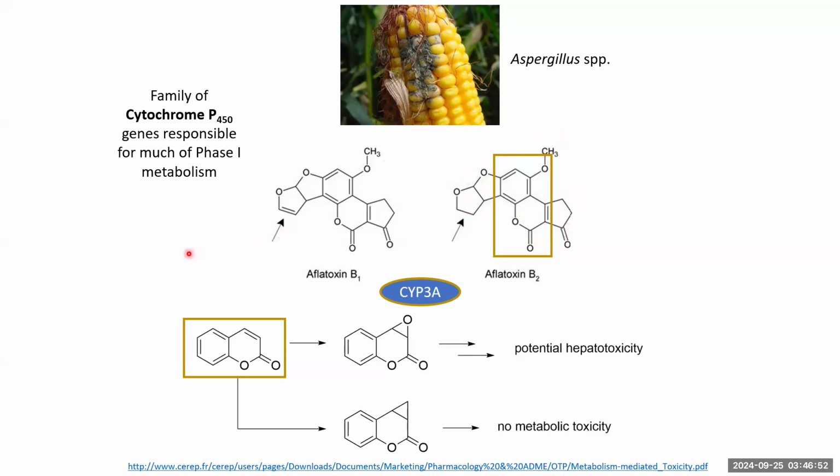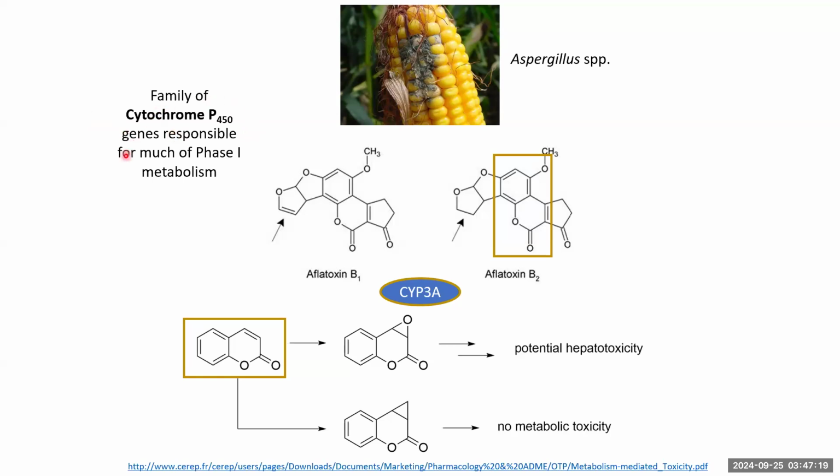One of the common ways that phase 1 introduces hydroxyl groups is through a collection of genes known as the cytochrome P450 genes. So cytochrome P450 genes do a lot of that phase 1 metabolism of trying to put a notch in the armor of those lipophilic compounds to try and break them up and become more watery.